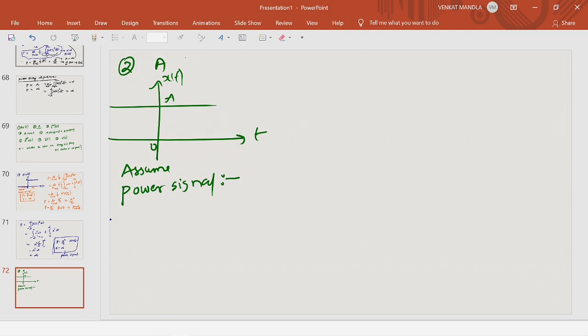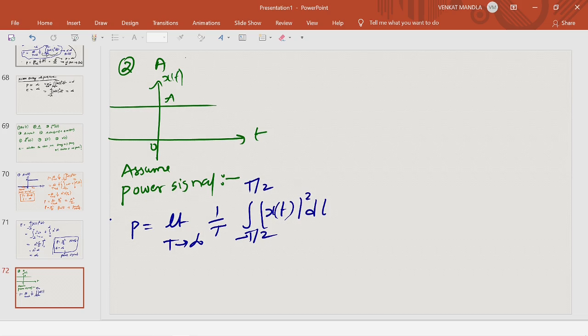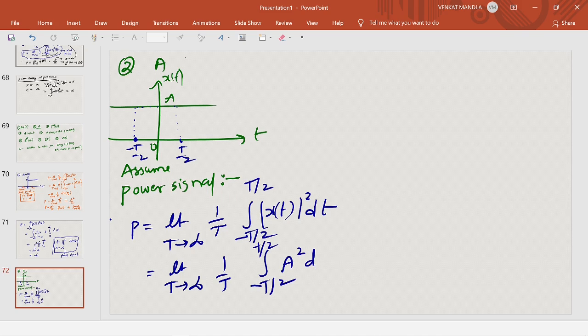So if you assume a power signal, you have to find out the power. Power equals limit T tends to infinity 1 by T integral of minus T by 2 to plus T by 2 magnitude of x of t whole square dt. So from minus T by 2 to plus T by 2, you have value a. Limit T tends to infinity 1 by T integral of minus T by 2 to plus T by 2, we have a square dt.